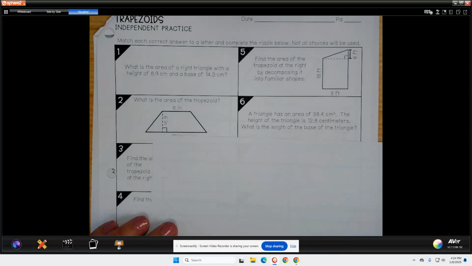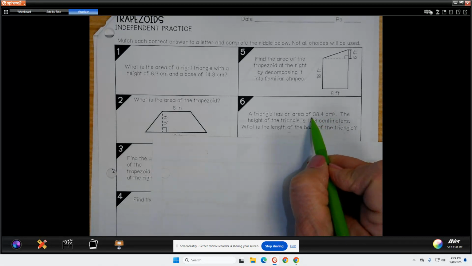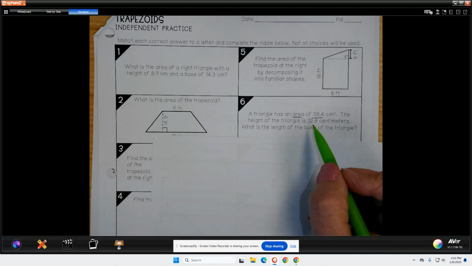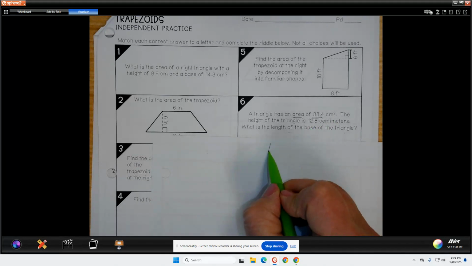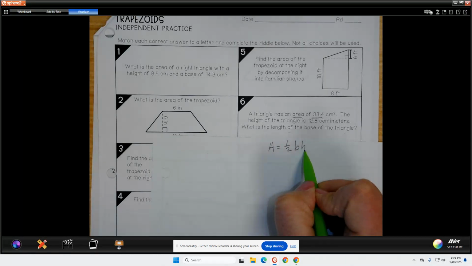Number 6 says, a triangle has an area of 38.4. The height of the triangle is 12.8 centimeters. What is the length of the base of the triangle? The formula for a triangle is area equals 1/2 base times height.